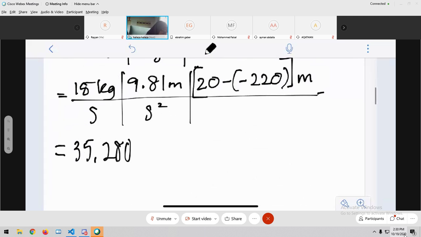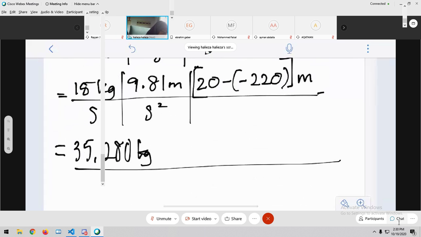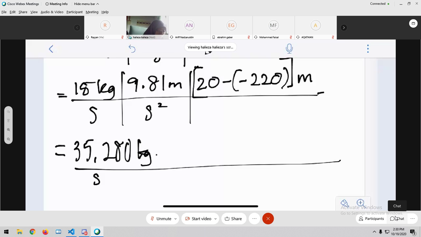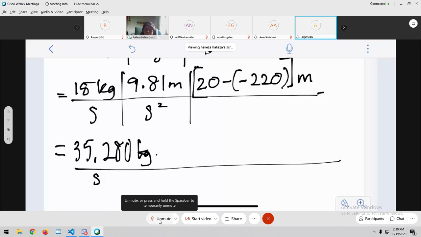Now the unit. We have a problem with the unit. The unit is kilogram. I'm repeating what I have written from the top equation. 35,316.